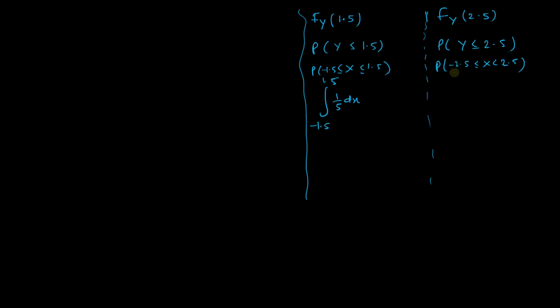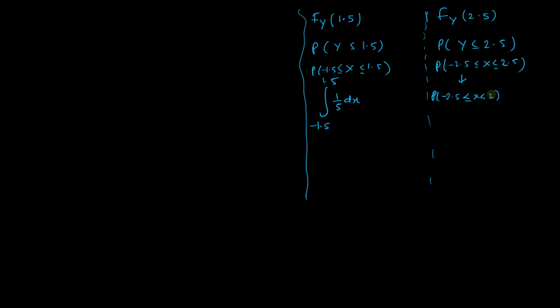But think about this case here. Does x fall in this range? Yes, it can take values minus 2.5, but it cannot take values 2.5. It cannot take values greater than 2. So we can further break it down into two parts, the part where x takes values and the part where x does not take values.